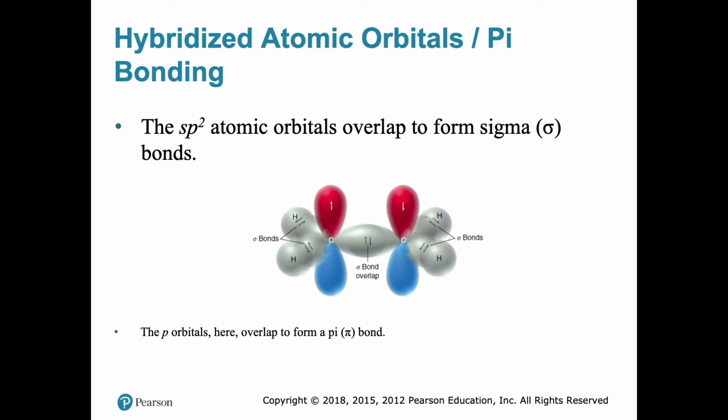Here's the other sp2 hybridized orbital with the hydrogen there. And then we have the one here, which is the sigma bond between these two sp2 hybridized orbitals. And then here is the pi bond up here. It hasn't drawn it out yet, but quite literally, that's what it looks like. And that's your pi bond at the top.